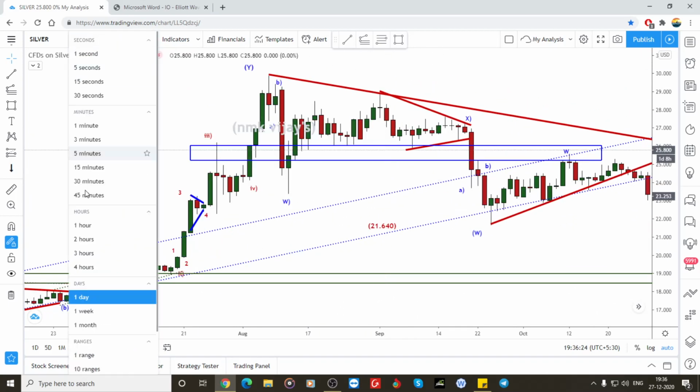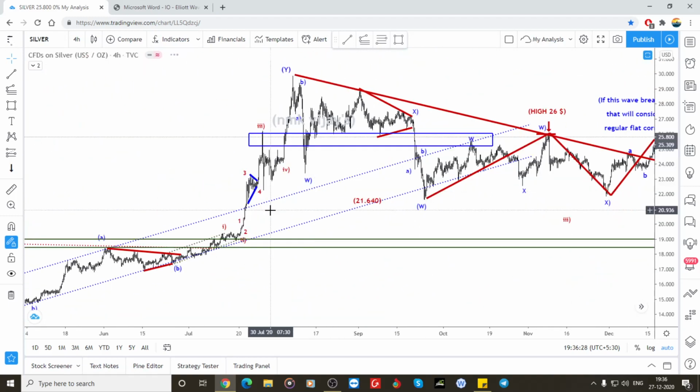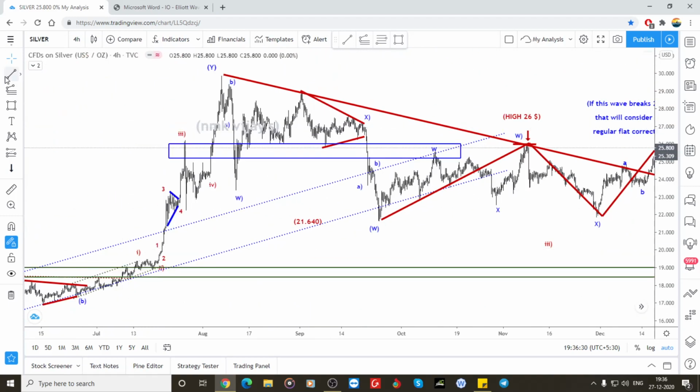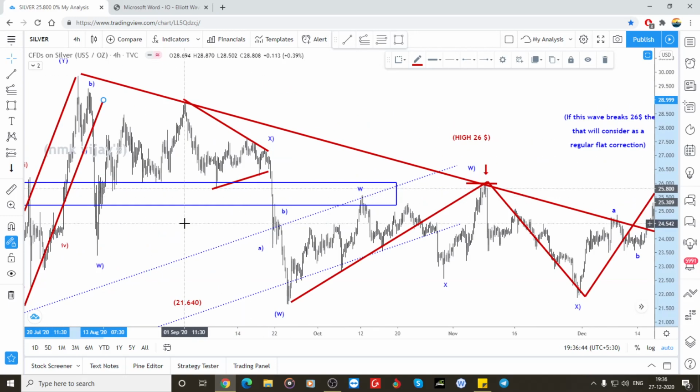So we need to realign the channel here. So wave 1, and perfectly you need to clone and fit this here. 1 2 3 4 and 5. That's it, simple, right?